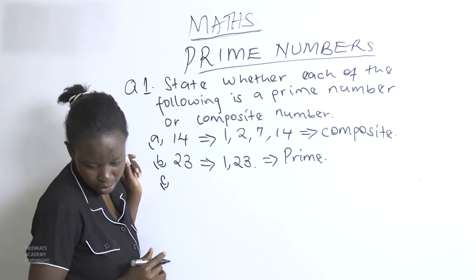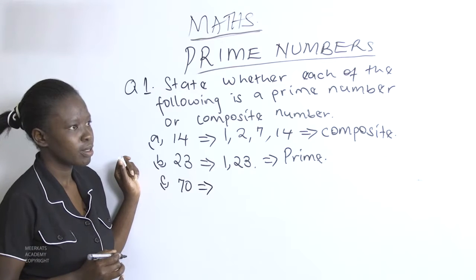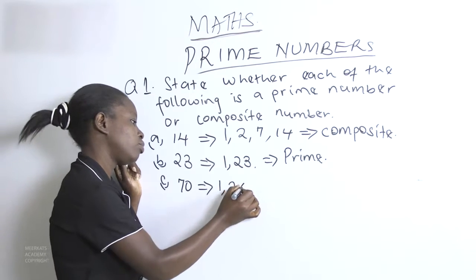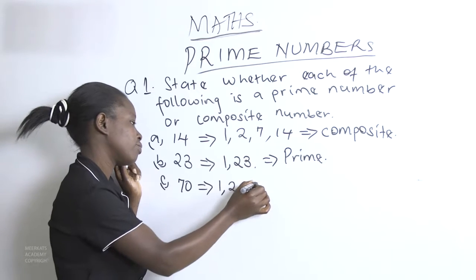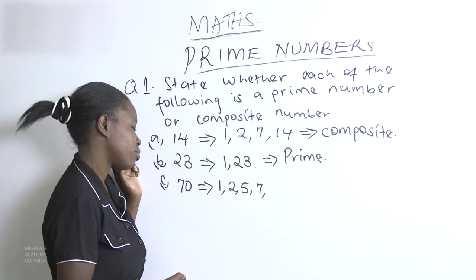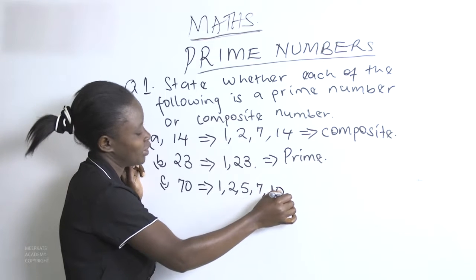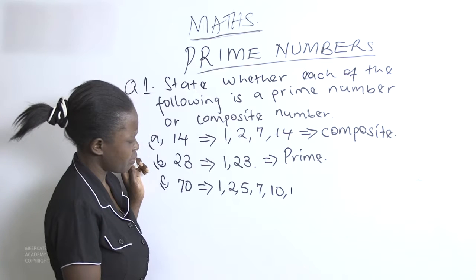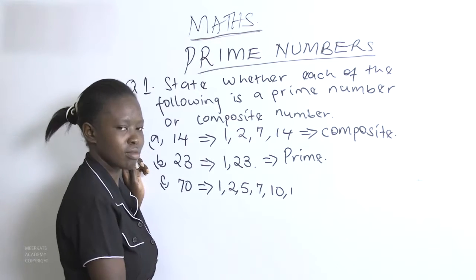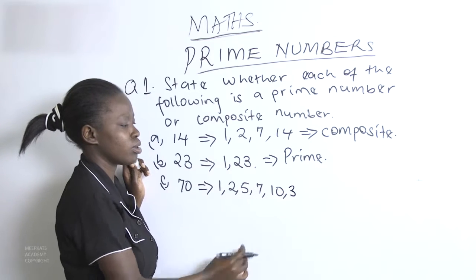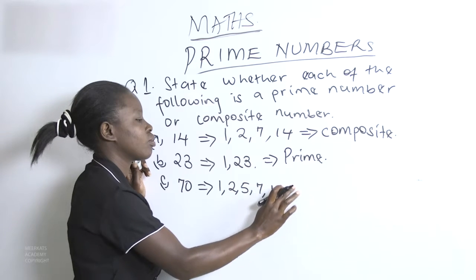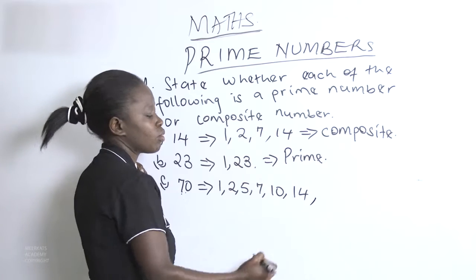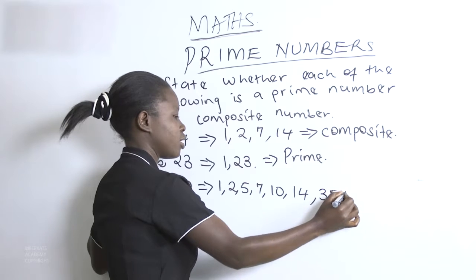The other number we have is 70. 70 has 1, 2, 5, 7, 10, 14, 35, and 70 itself.